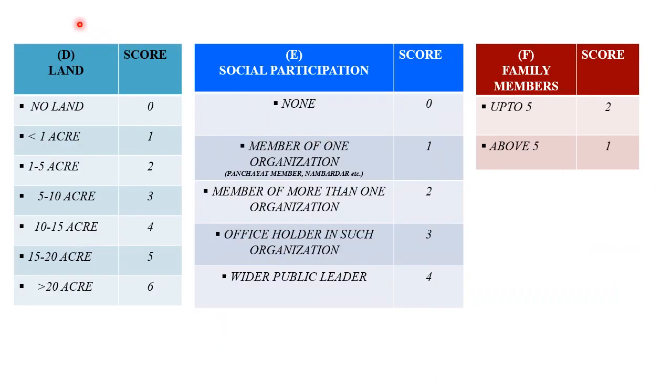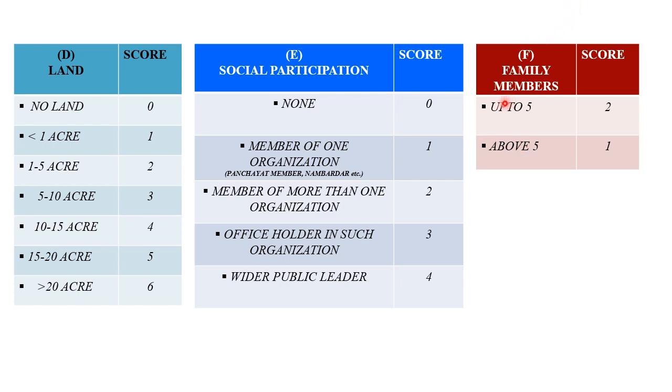Then next is land: no land, less than 1 acre, 1 to 5 acres, 5 to 10 acres, 10 to 15 acres, 15 to 20 acres, and more than 20 acres. These are the scores for these categories. Then social participation: none, member of one organization, member of more than one organization, office holder in such organization, wider public leader. We are giving higher scores for more social participation.